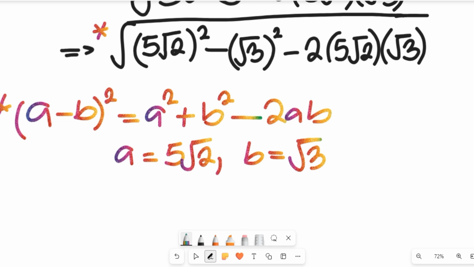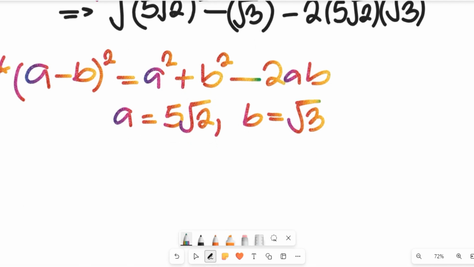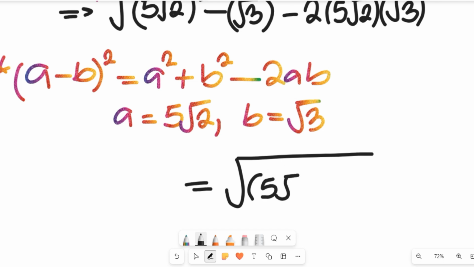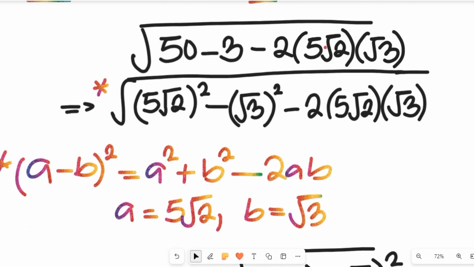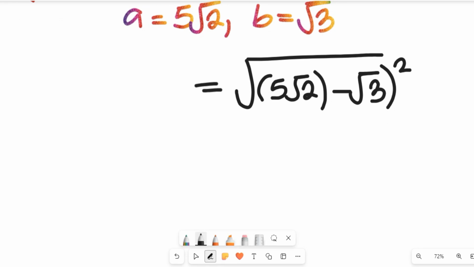So if we compare this expression alongside that expression, you see that this is typical of it. That means the whole expression can be equal to the square root of 5 root 2 minus root 3 all squared, because this whole expression gives us something similar to this.